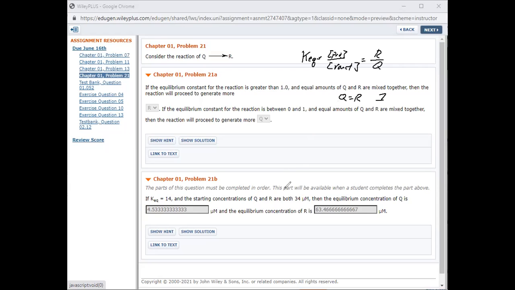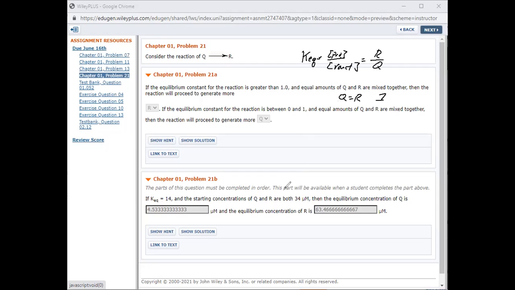So 21B then, if KEQ equals 14 and the starting concentrations of Q and R are both 34, then at equilibrium, what will Q be and what will R be?